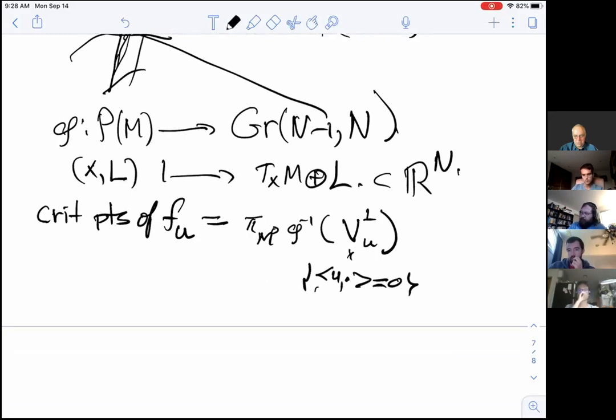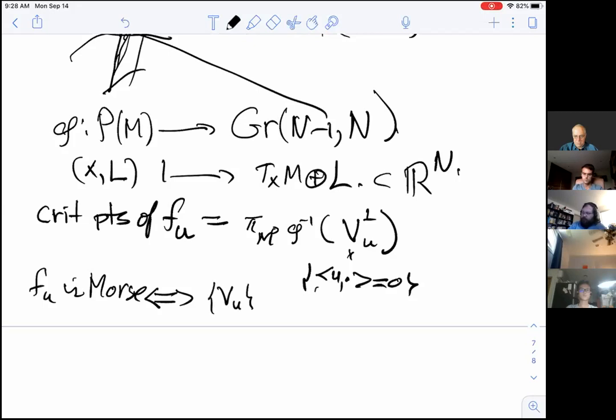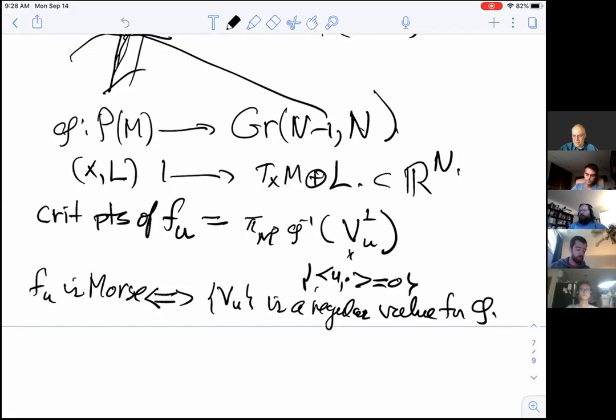And the map is Morse. So F_U is Morse if and only if V_U is a regular value for phi. Okay. So there you have it. You need to find a regular value in this Grassmannian, which is just the sphere by perpendicularity.